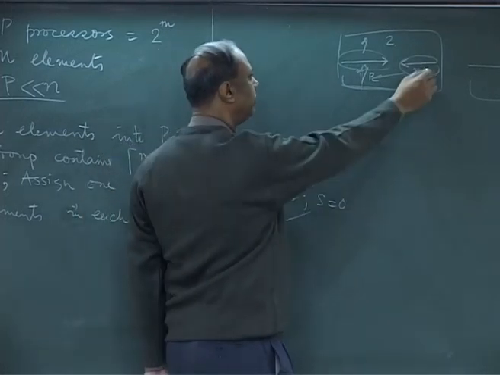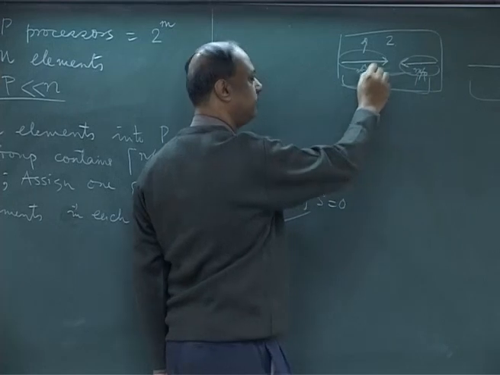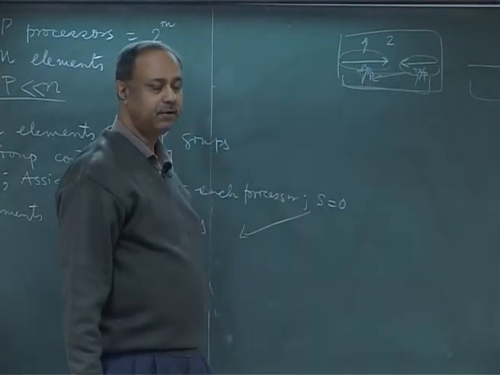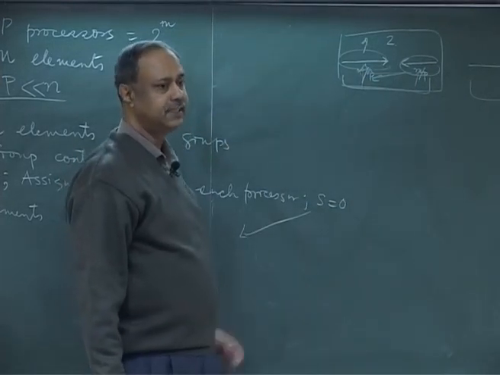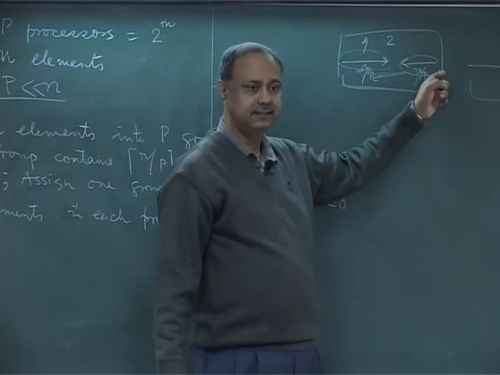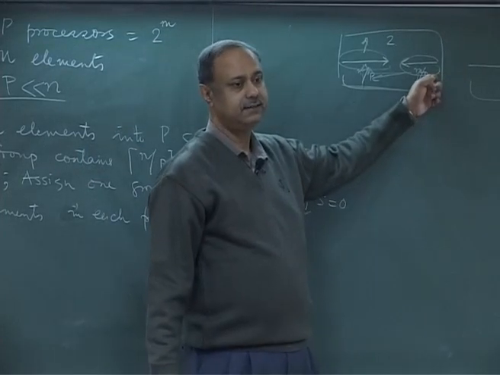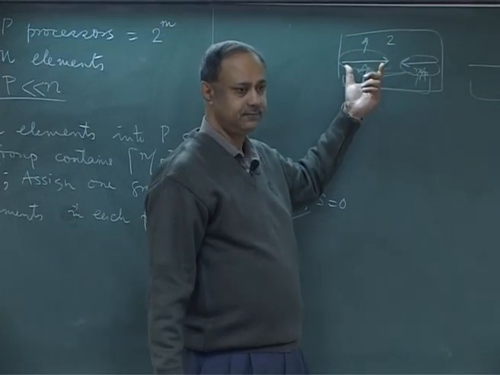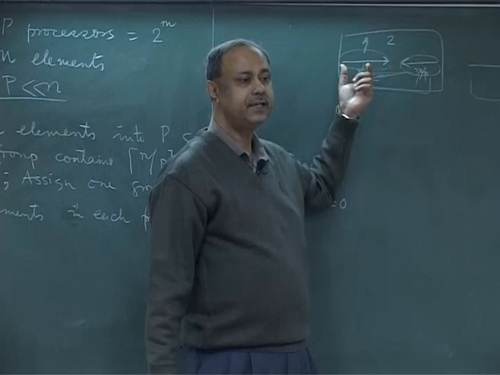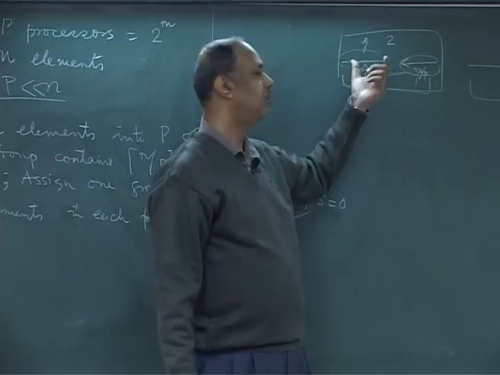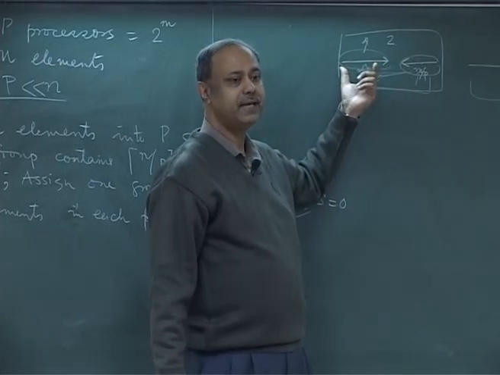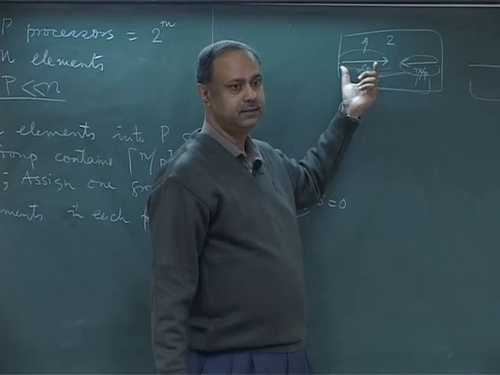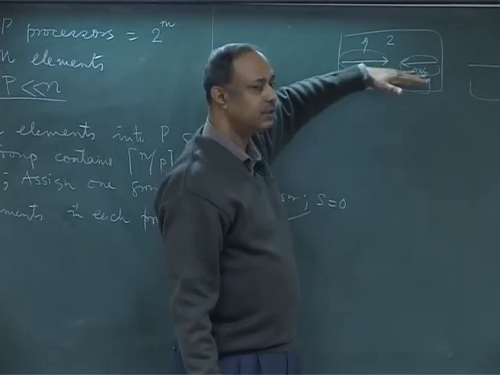So what I am telling is that you bring these elements here, compare all the elements, send back the rejected elements here, and accepted elements are kept here. Each processor can be used to do the bitonic merge of n/p elements, right. So you get a sorted sequence.